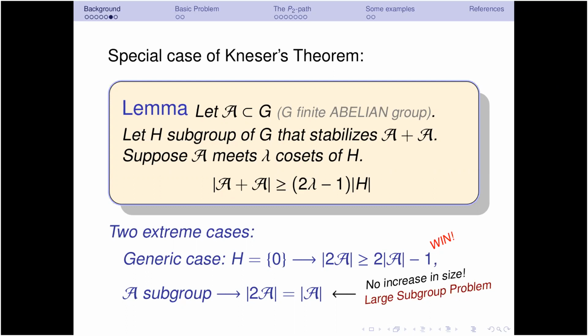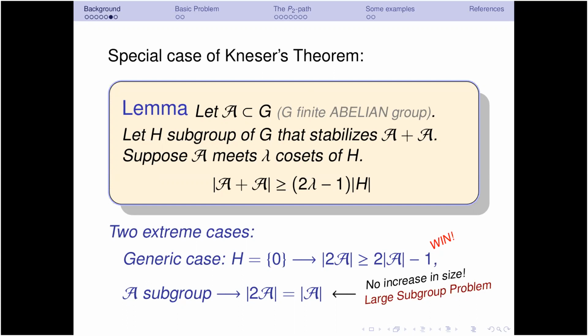And so these are the two extreme cases. The first extreme case is that A plus A is of size 2|A| minus 1. That's the case when you're in Z. Or if A is a subgroup, A plus A is exactly equal to A. Kneser's theorem is a result of the 50s, I think, that tells you how to go from one case to the other.